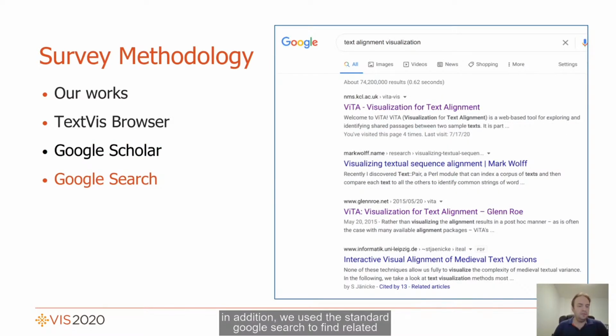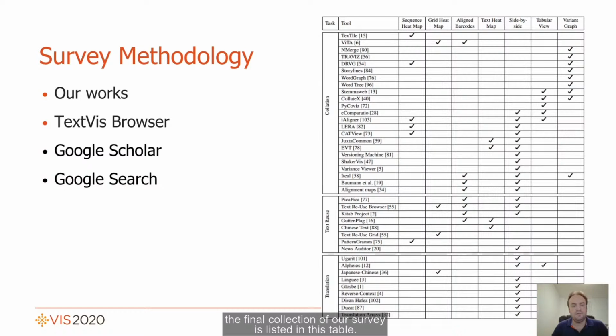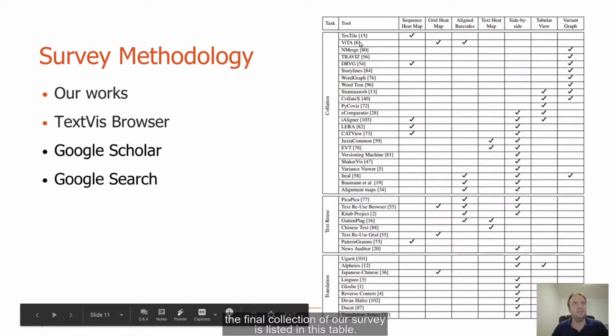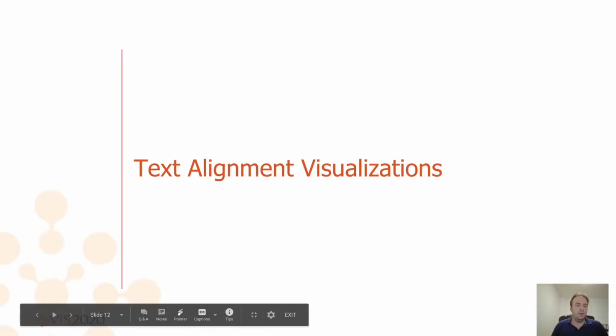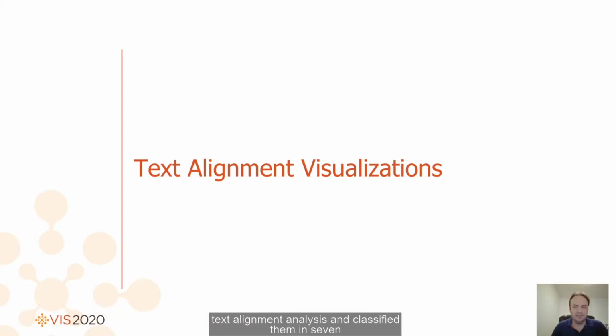In addition, we used the standard Google search to find related translation tools that apply visualization means. The final collection of our survey is listed in this table. We reviewed 40 visual interfaces that support text alignment analysis and classified them in 7 state-of-the-art visualization approaches.